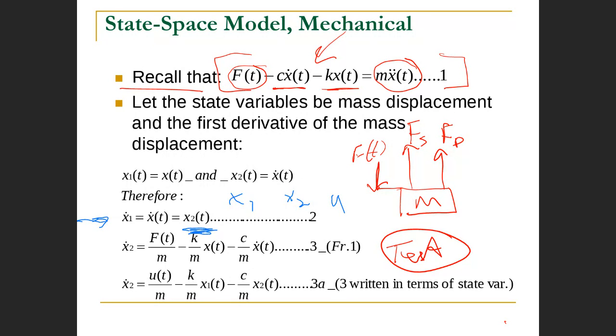Right, so we're simply writing back the expression in terms of x1 and x2. So there's no x1 term. So what will we put? 0. Is there an x2 term? Yes, sir. What's the coefficient? 1. Is there an input term, u of t or f of t? No, sir. So we'll put 0.